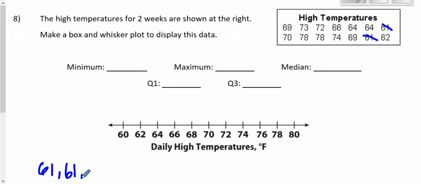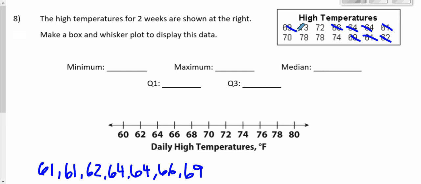Okay, now I'm looking for anything above 61. Here's a 62, 64, 64, and then next, it looks like I have 66. And then I have 69 and another 69.